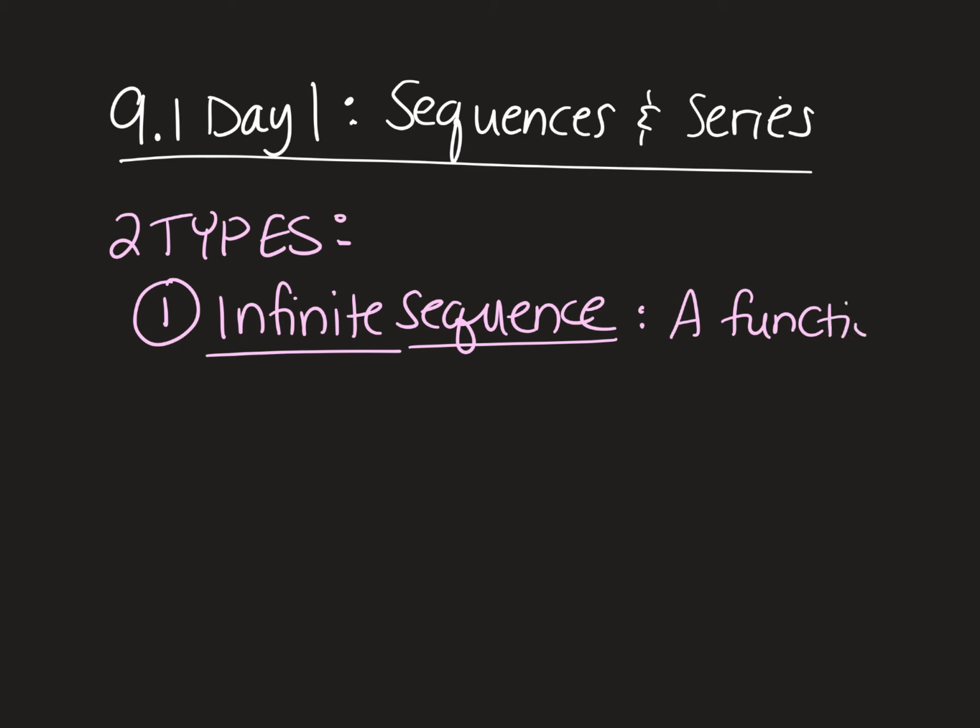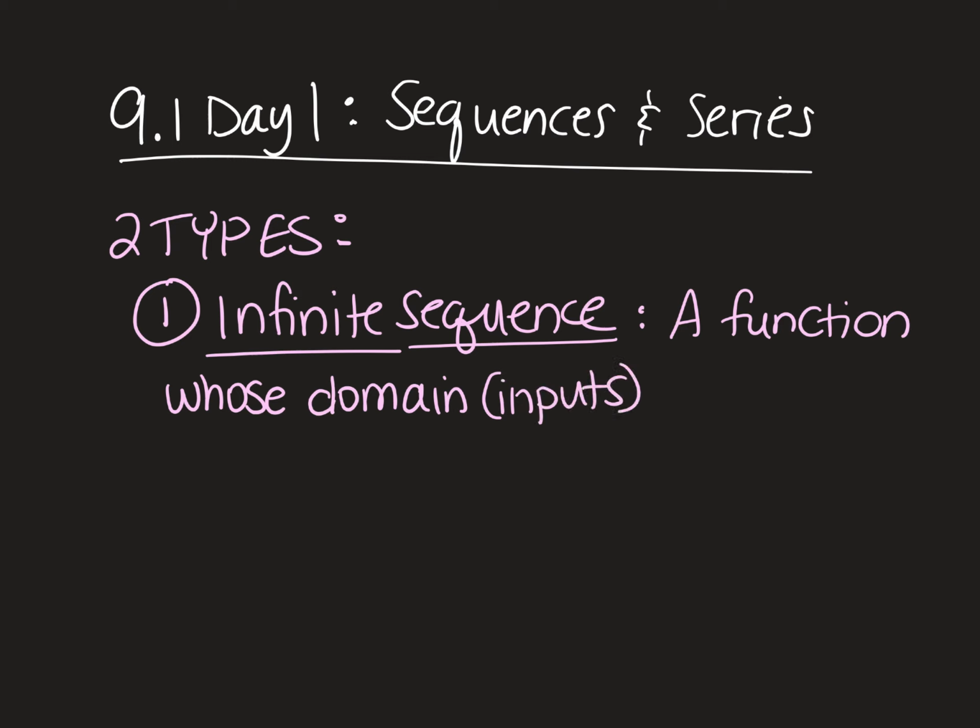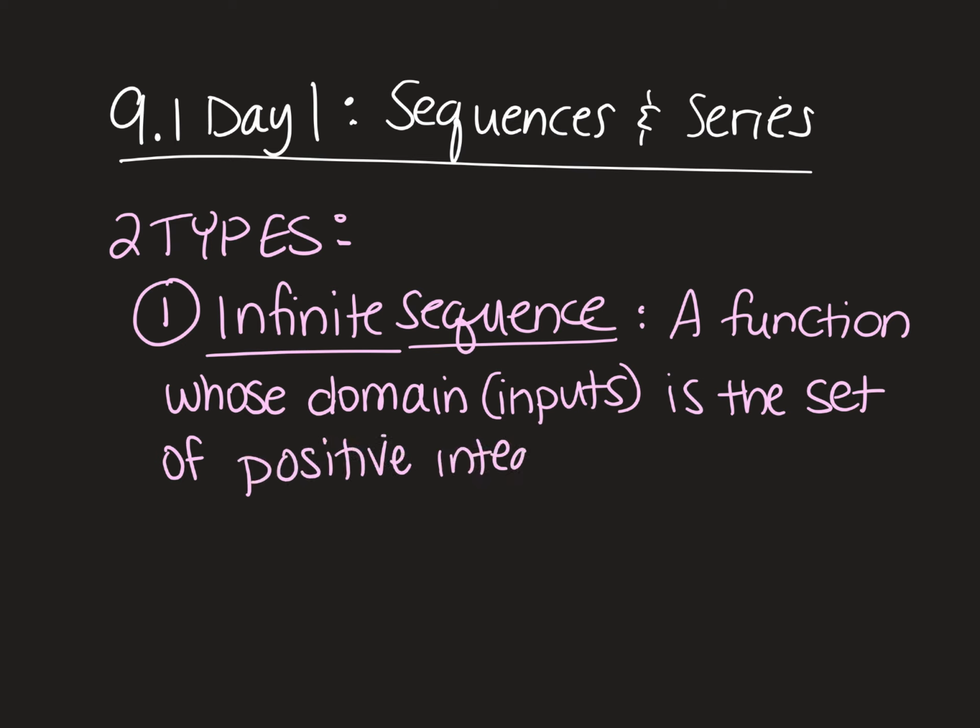All of our sequences will be functions, by the way, whose domain, so inputs, is the set of positive integers. What does that mean? That just means numbers like 1, 2, 3, 4, 5, and so on. So our inputs have to be positive integers.